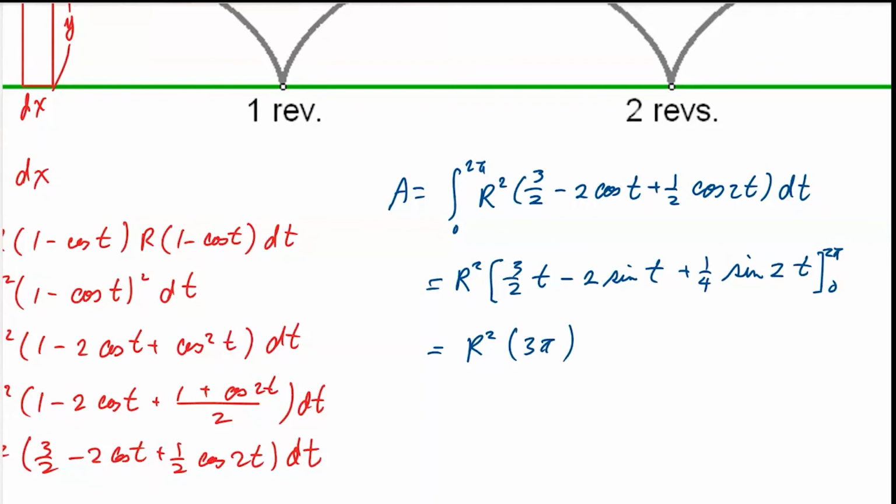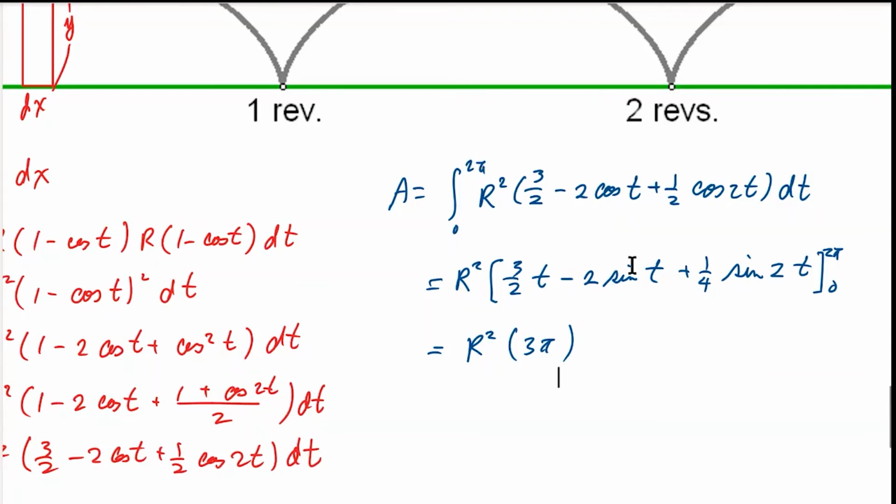You know what I'm saying? And then let's think about it. Sine 2 pi and sine 0 is the same thing. And sine 4 pi and sine 0 also is the same thing. These sine and cosine are periodic functions. From now on, this is very, very useful. If you have something like t over 2, that's a different matter. But if you have just sine and cosine of t or 2t, and your limits of integration are from 0 to 2 pi, they always die.